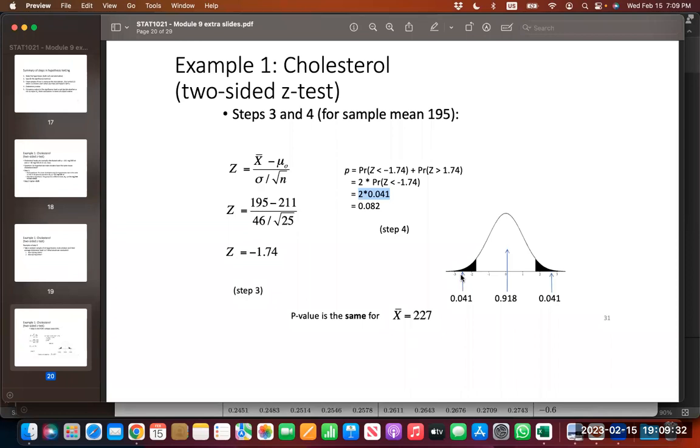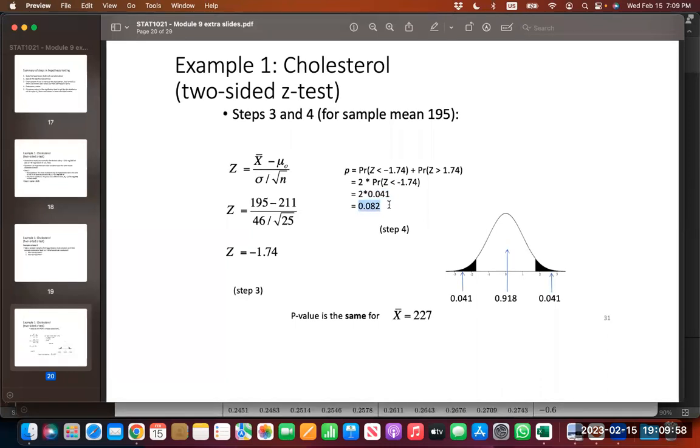And that essentially is now being multiplied. So you find the corresponding p-value, the corresponding percentage, and you multiply that by 2 because you're accounting for both tails. And that is 0.041 multiplied by 2. And that gives us a p-value of 8%.